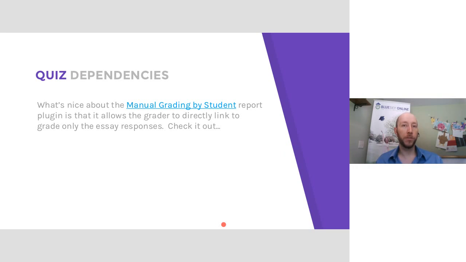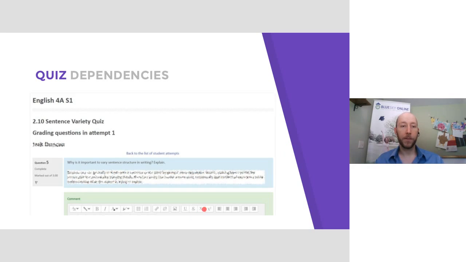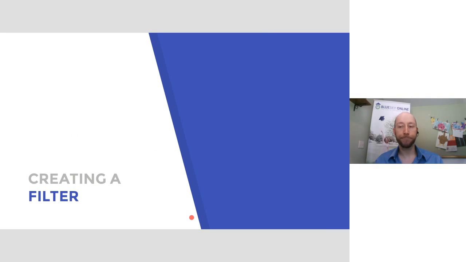So you can be student-specific instead of activity and essay question specific. So here's an example. You could grade all of the essay questions that require manually grading for a particular student that I've fuzzed out in this instance.